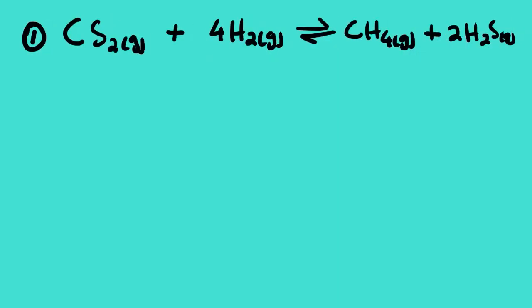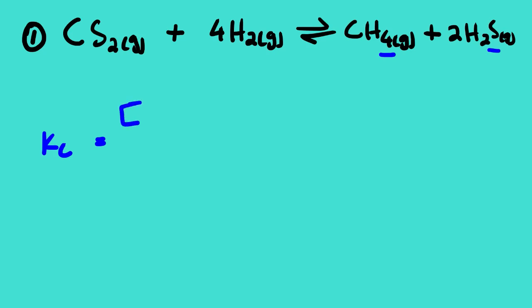The first one, pause the video, work out and play the video and verify the answer. So it will be Kc, it's equals to the product. We can see that they're in gas phase, so it means that this chemical reaction is a homogeneous chemical reaction.